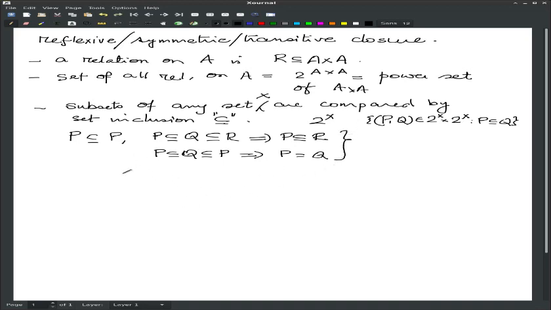As well as we also know that there can be sets P and Q which are not related by this subset.